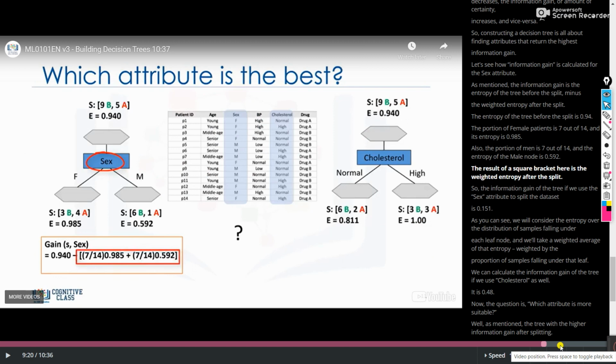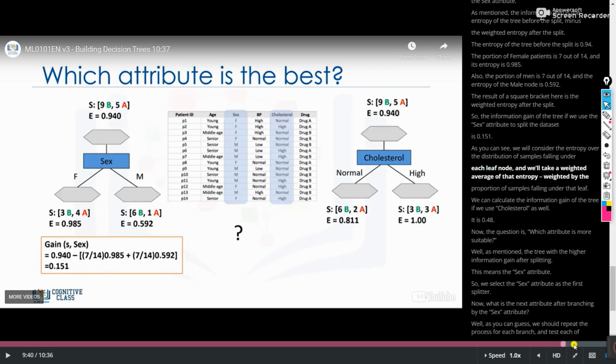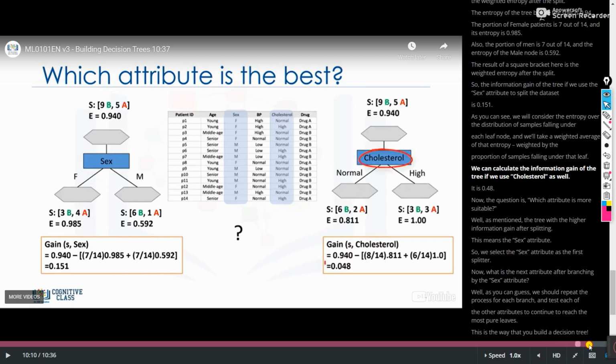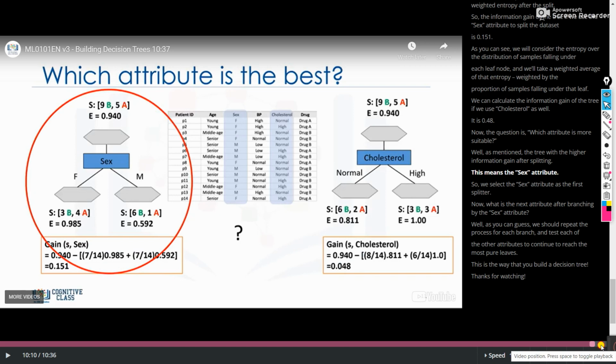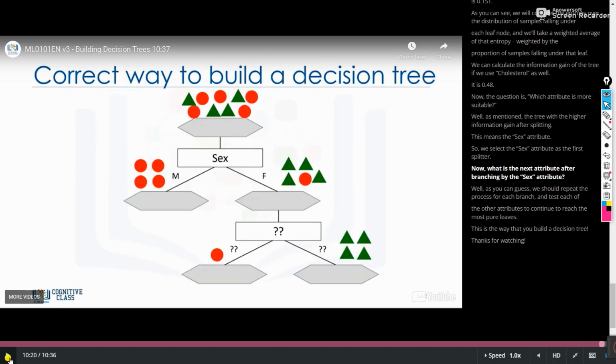Your goal is to lower the entropy by splitting and get higher information gain. Lower the entropy, higher the information gain. That's true, that makes sense.